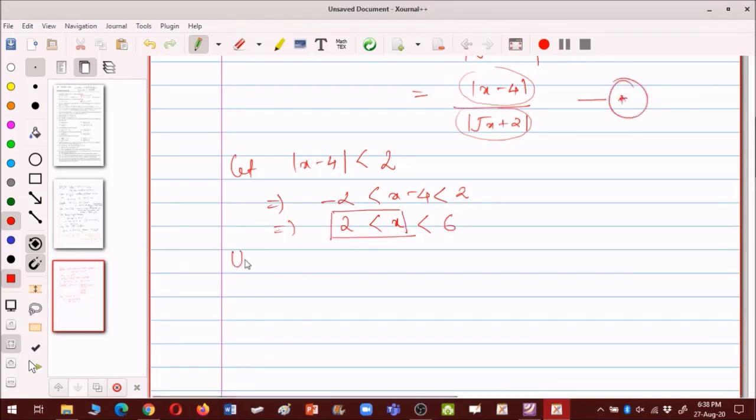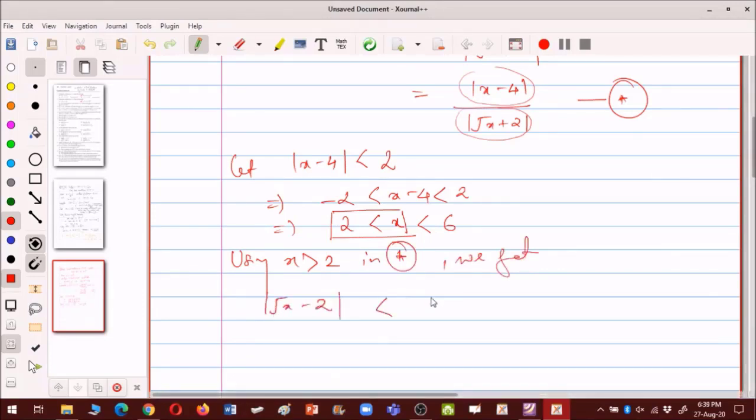So using x greater than 2 in star, we get root x minus 2 is less than 1 by (2 plus root 2) times mod x minus 4. So what delta should we take?